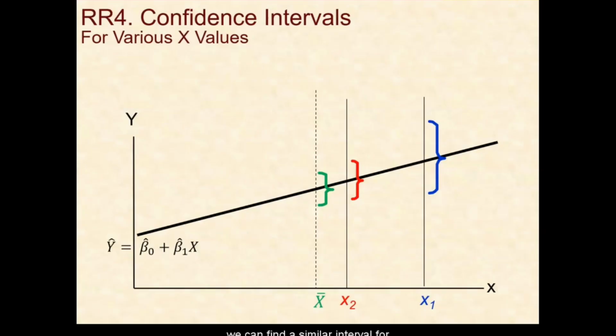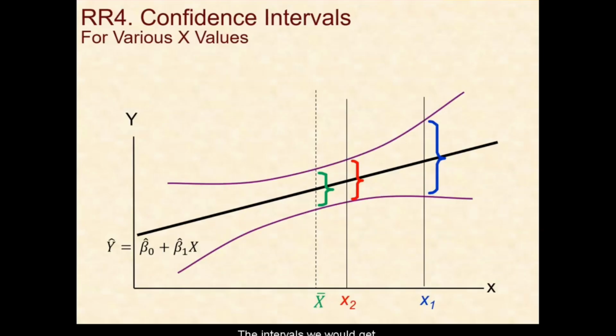Besides these three, we can find a similar interval for any value of x in this range. The intervals we would get for any value of x are indicated by the two purple curves in the figure. The purple curves show what the confidence intervals look like as x varies. The curves show one feature of the intervals for estimating the process mean mu of y at different values of x, and this feature is true in general.